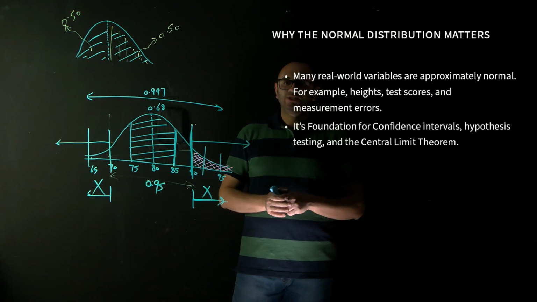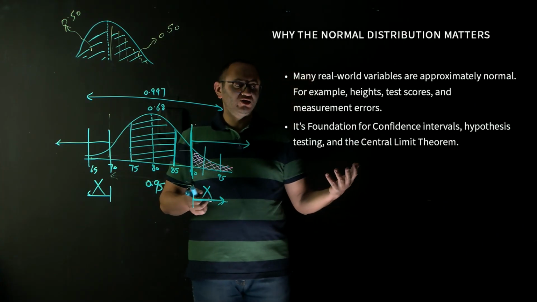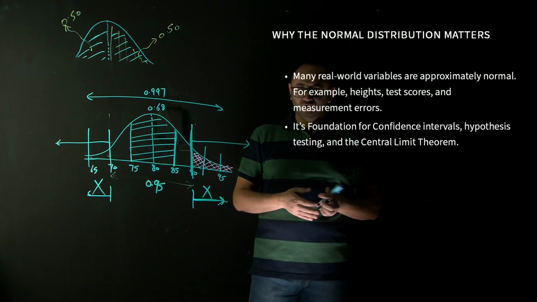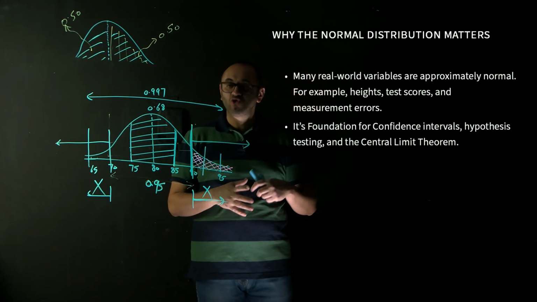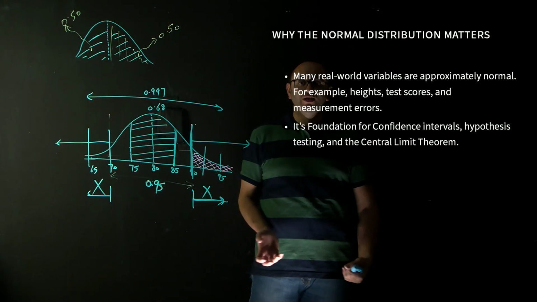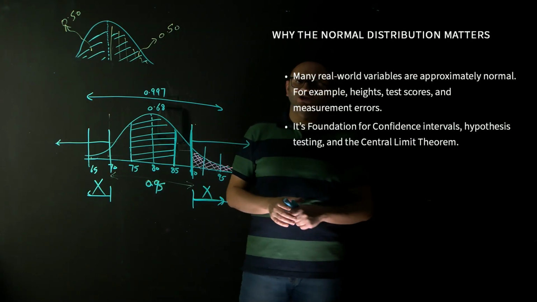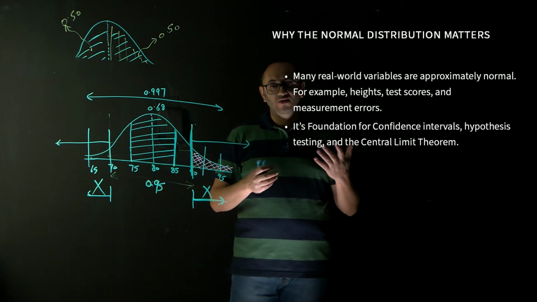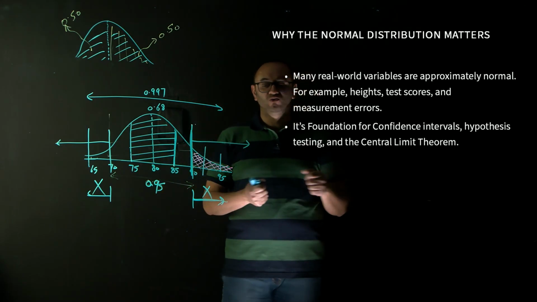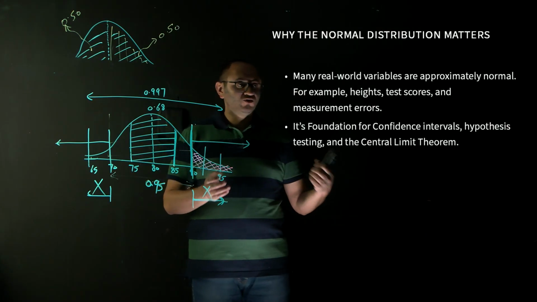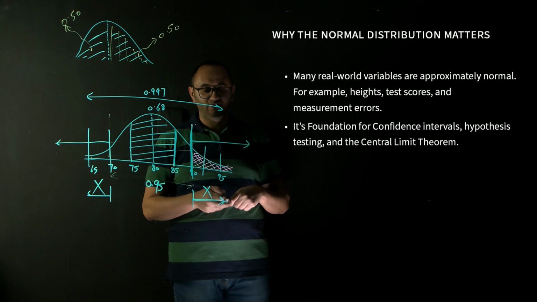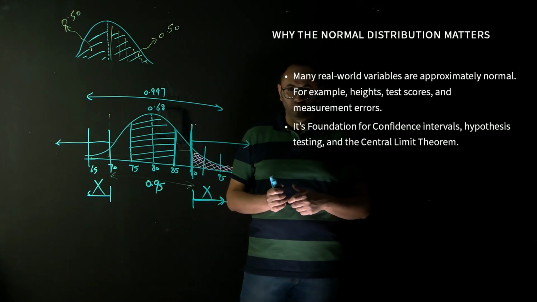All right, so the last thing is why the normal distribution matters. So the answer is because the normal distribution has so many real-world applications. For example, today I mentioned the student's GPA. In general, the GPA follows a normal distribution. The student's height, the student's weight, the student's test scores, those are examples of normal distribution, all right?